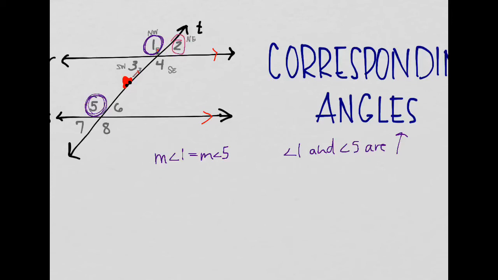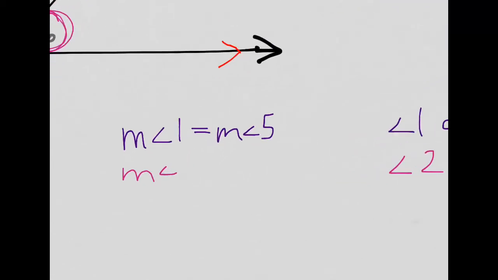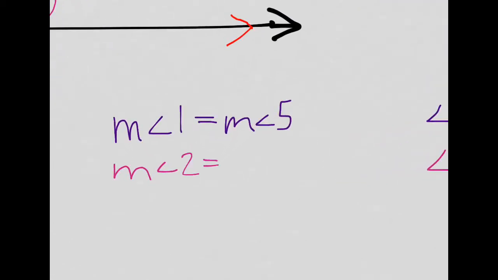All right, I could also say, so angle 2 is in the upper right-hand corner. Well, 6 is also in the upper right-hand corner. So angle 2 and angle 6 are also corresponding angles, or their measures are equal. It's looking a little sloppy. Sorry, guys. Let's see. Measure of angle 2 is equal to the measure of angle 6.